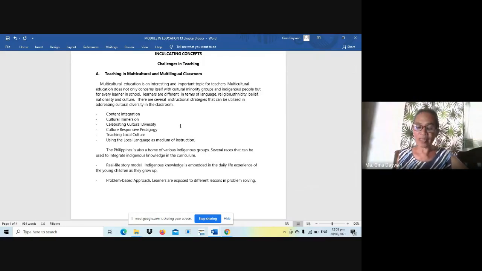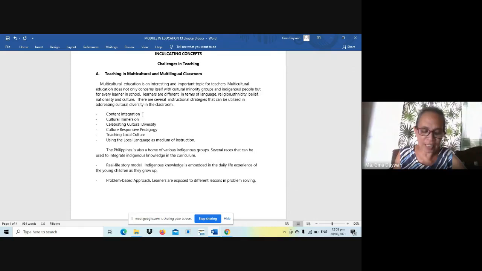So we have here several instructional strategies that can be utilized in addressing cultural diversity in the classroom. First, content integration. This means that cultural practices, cultural values, history and respect for cultural diversity can be integrated in the various contents of the subjects taught in basic education.